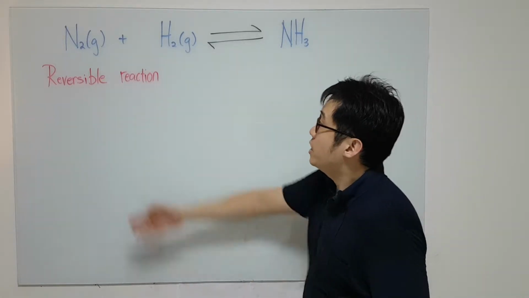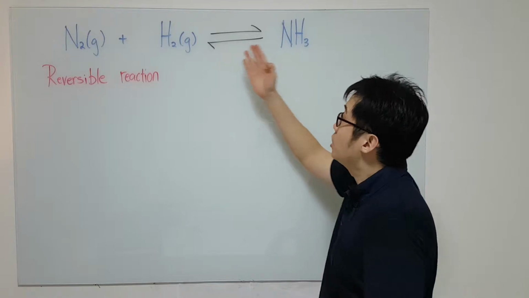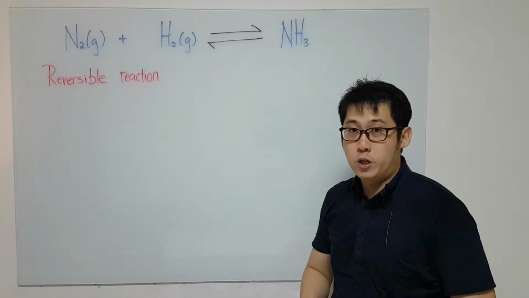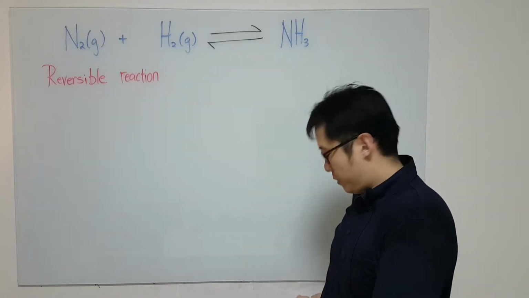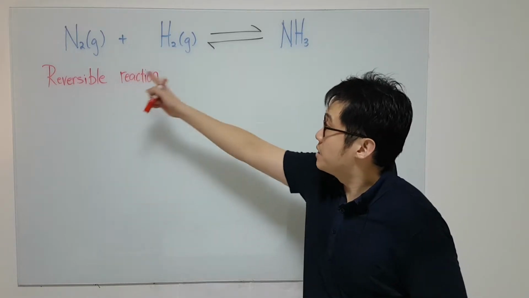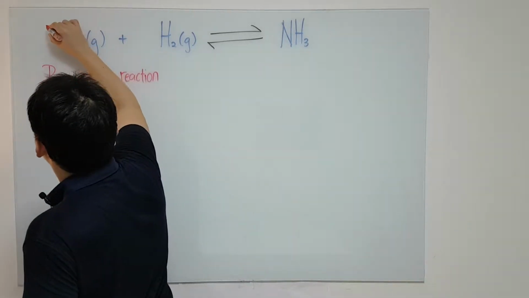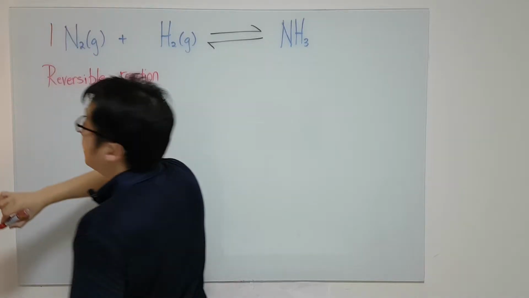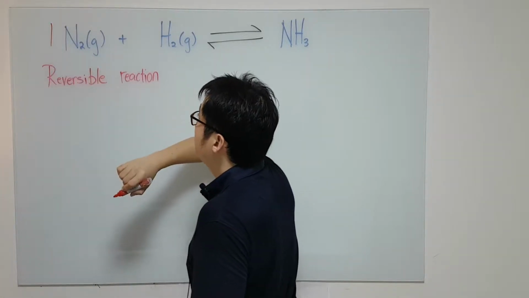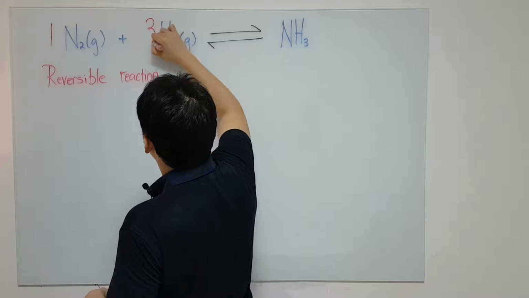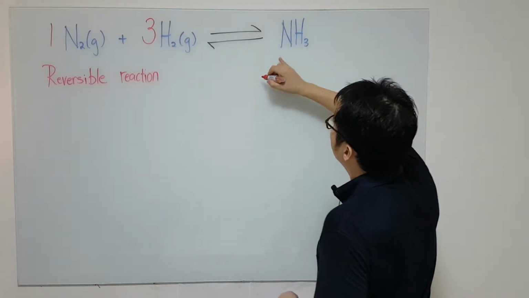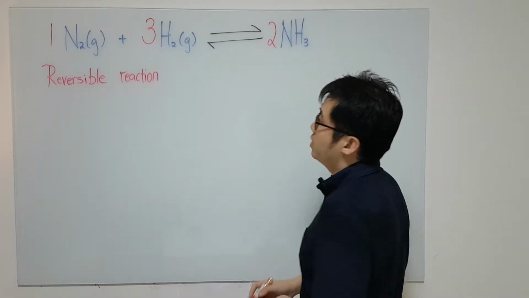In this equation here, nitrogen reacts with hydrogen to produce ammonia. And you will recall, in this case, that this is not a balanced equation. You will actually need to take one nitrogen molecule to react with 3 hydrogen in order for me to give me 2 ammonia.